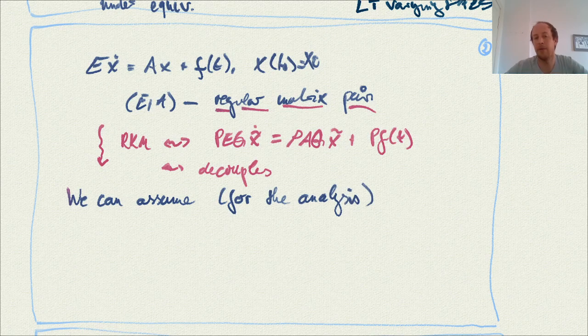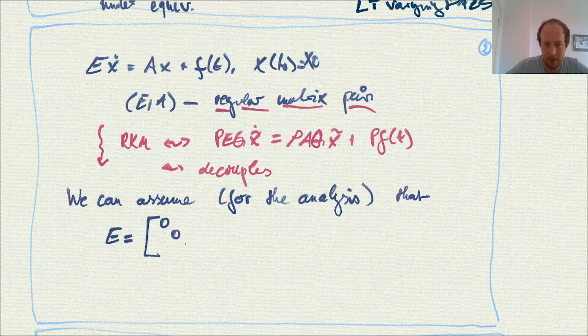because that's just theory, and in practice we cannot bring these equations into canonical form, we can assume that the E matrix is actually this matrix, with a lot of zeros on the diagonal, a nilpotent matrix.